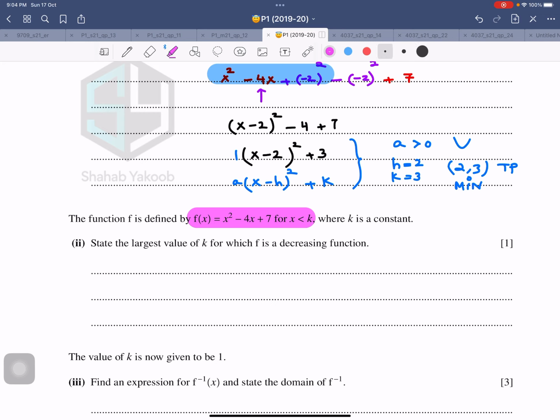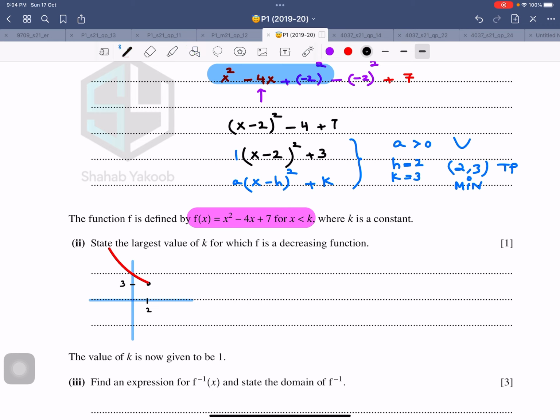If I draw a small sketch of the graph, the turning point is (2, 3). So this is 2, this is 3. That is the coordinate of the turning point, and we are going to the left of the turning point. So x is less than k. So if I draw the graph, it is like this.